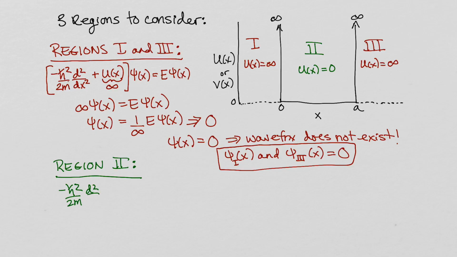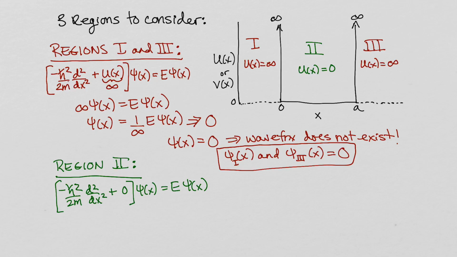Same kind of idea, plus I'm just going to plug in right away our 0 for the potential, equals E psi. So there's our Schrodinger equation for region 2 with our 0 representing the potential energy part of our Hamiltonian operator.